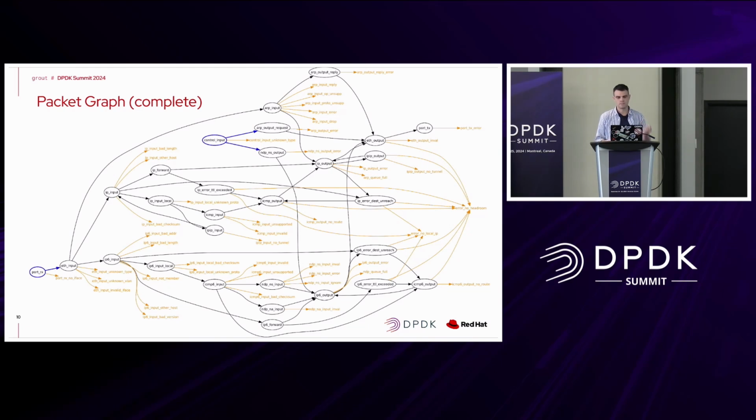Like if you get a bad checksum, you will go into the node which is named Rx checksum error, and then you can see that at runtime. And by the way, that image is generated using a Grout CLI command, so you can just pipe it to graphviz dot something, and it gives you that.